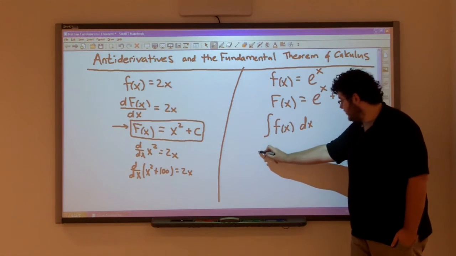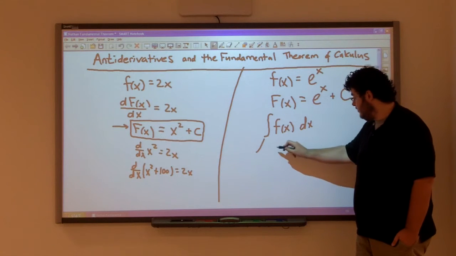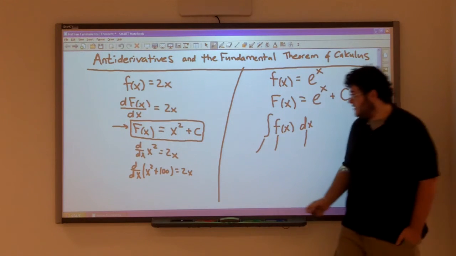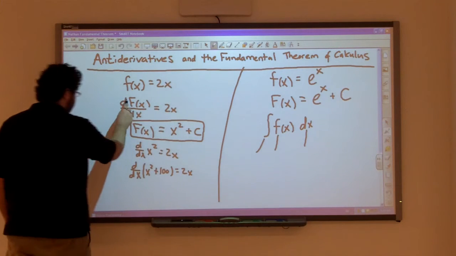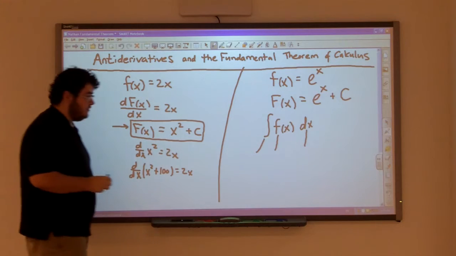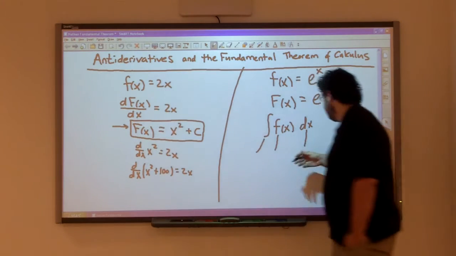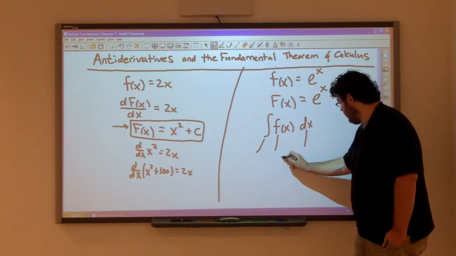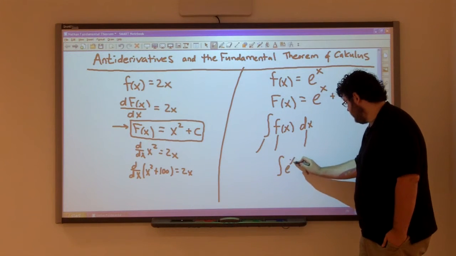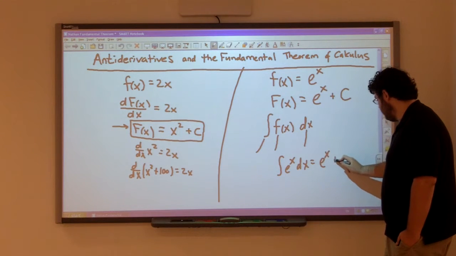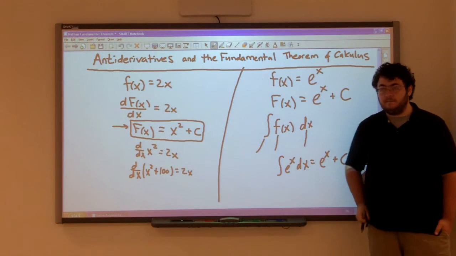Just like the notation over here says take the derivative of f with respect to x. And we call this object an integral, or antiderivative. So for the case of e to the x, that is e to the x plus c.